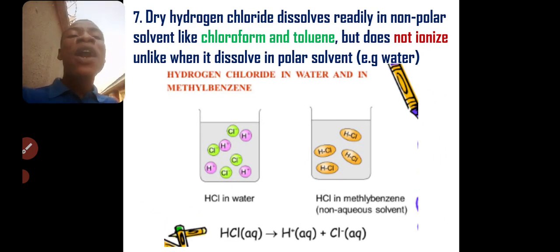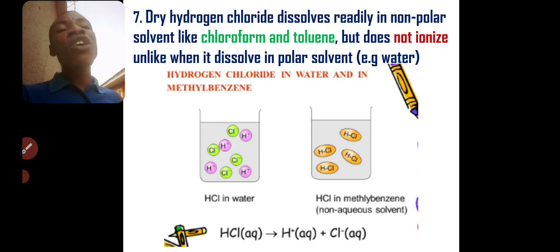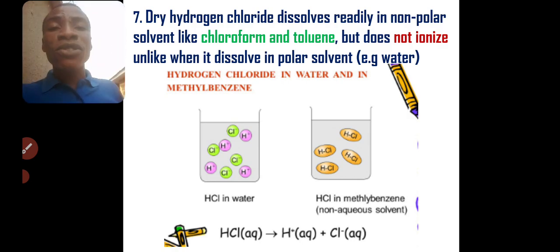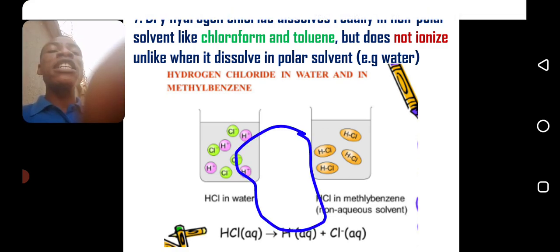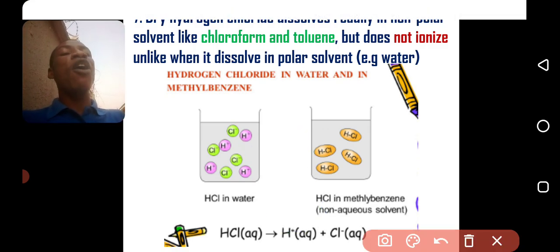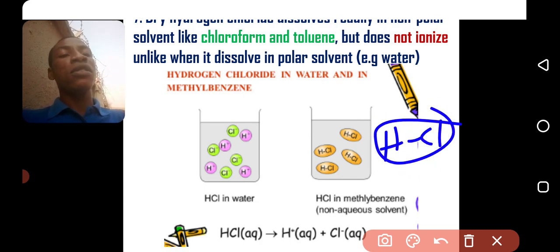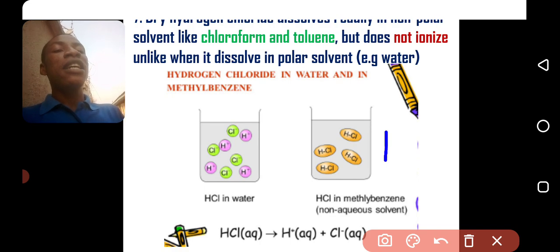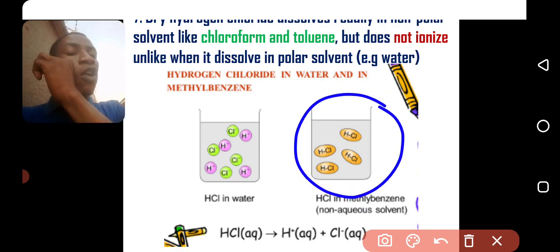Dry hydrogen chloride can dissolve readily in both non-polar and polar solvents alike. But when it dissolves in a non-polar solvent, it does not form ions. It does not form H plus and Cl minus. It just remains there as HCl. As you can see in this place, this is a non-polar solvent.